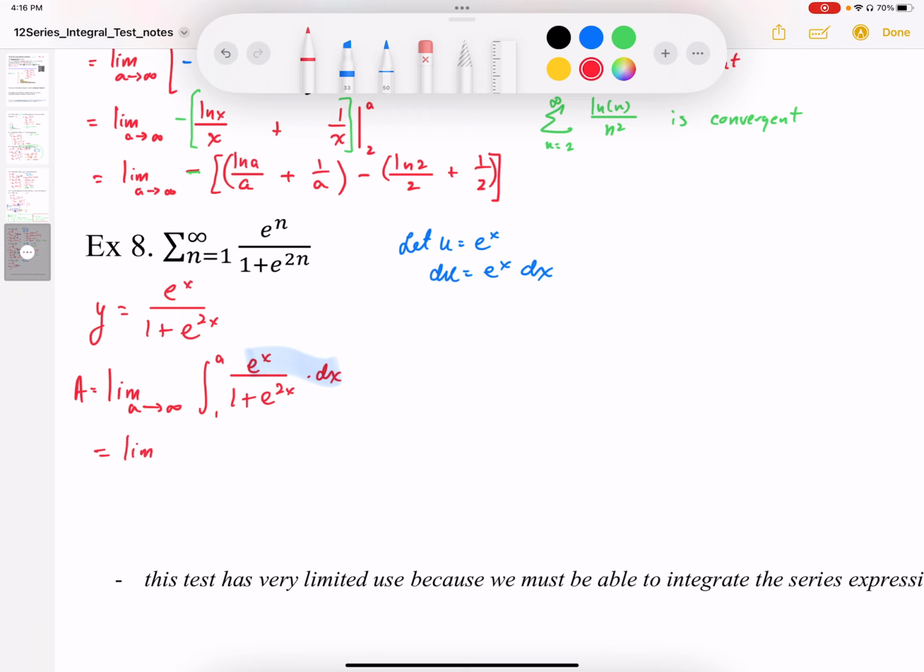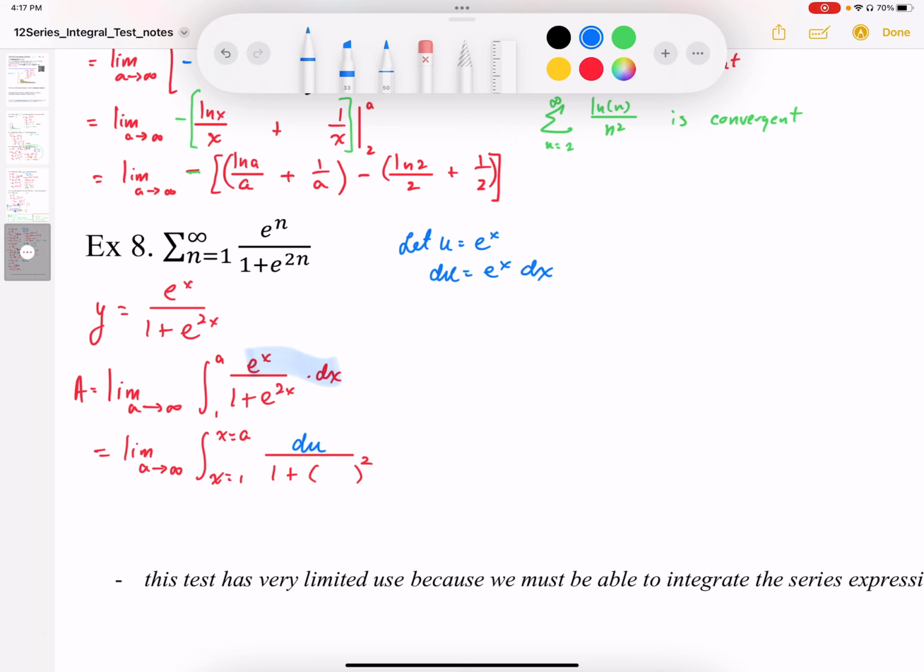Limit as a approaches infinity, x equals 1 to x equals a. Now the du is going to replace the e to the x dx. So I'm just going to put that in. So that replaces the blue highlighted part. In the denominator, I have 1 plus e to the x squared, which is the same as e to the 2x.